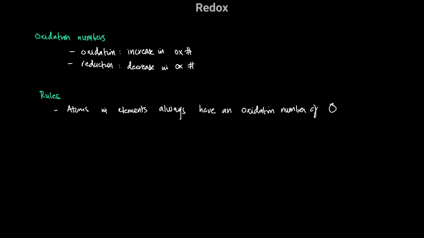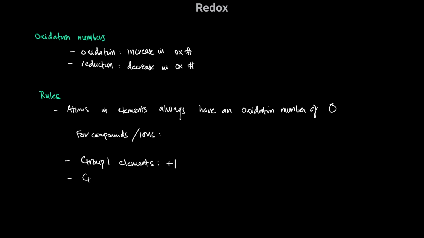Okay, so now let's look at the rules for compounds and ions. For compounds and ions, we may have non-zero oxidation numbers as well. We can have 0 still, and we can also have non-zero oxidation numbers. So for compounds and ions, group 1 elements will always have an oxidation number of +1.